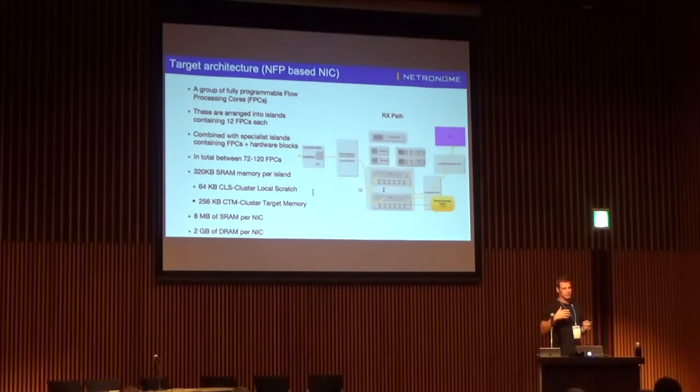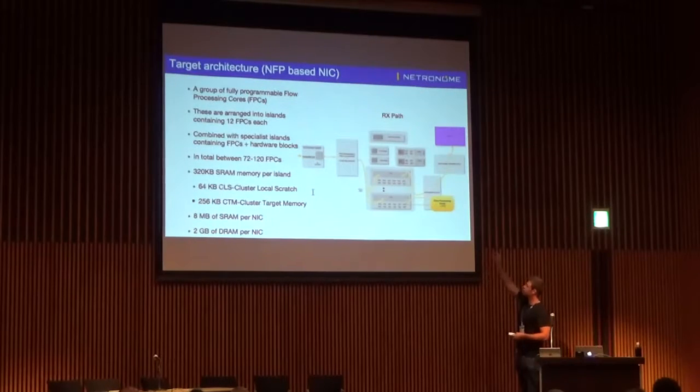But the main structure is these general purpose islands with 12 processors on them and a load of memory attached. On each island you've got about 320 kilobytes of low latency SRAM arranged into two different parts of memory. Then you've also got 8 megabytes of SRAM on the NIC and 2 gigabytes of DRAM on the NIC.